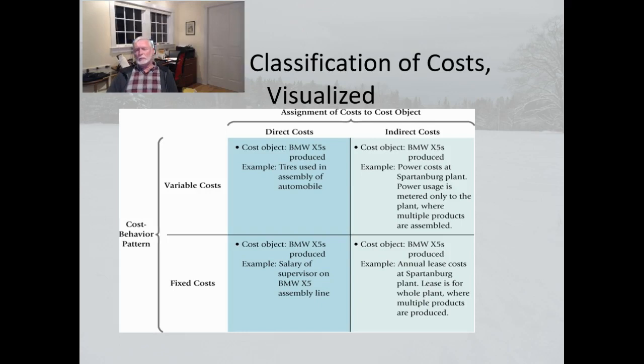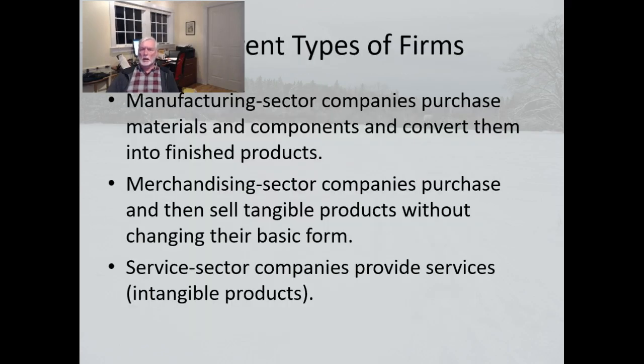So we've done an idea of what costs are, and then we're going to take a little bit of a look at the different kinds of firms and how they use costs. So there are basically three kinds of firms, three large sectors of firms.